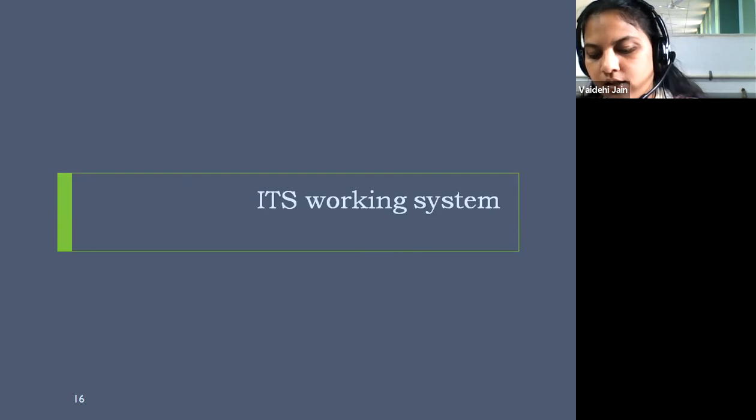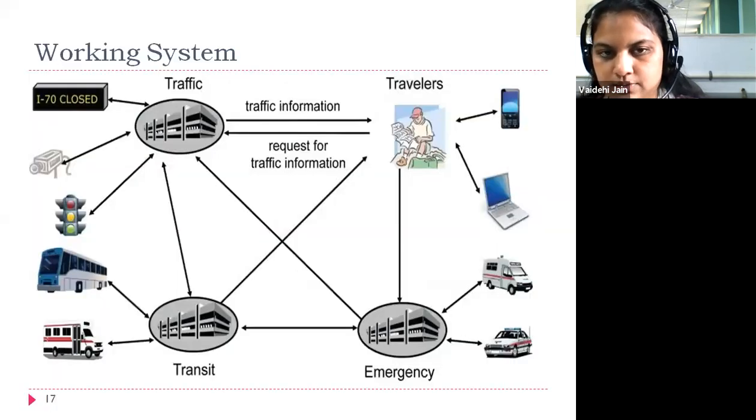Once you have all this, how will the ITS work? So this is the working system. The traveler is there, and the traveler wants information. It can be regarding the traffic, the public transport, or the emergency services.